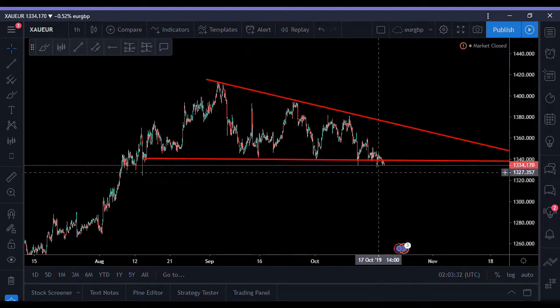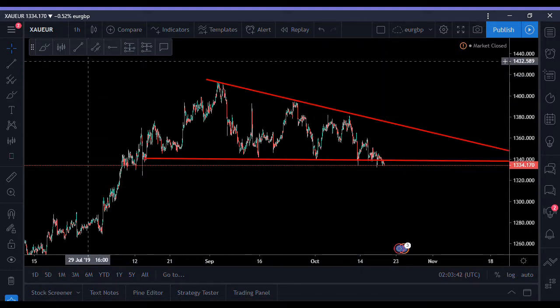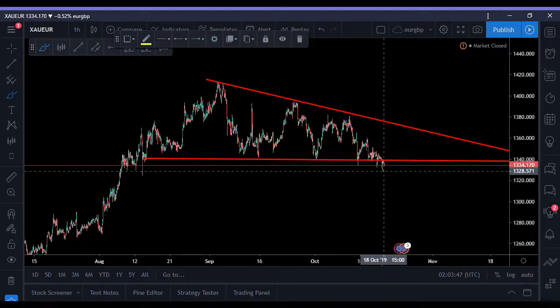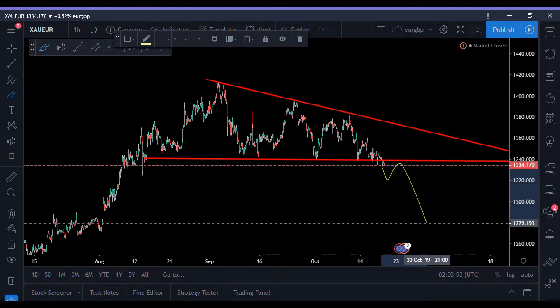I don't really consider this a safe break, and I don't consider this a retest. So what I'm waiting for is price to completely break, come back, then from there I can take my first sell.